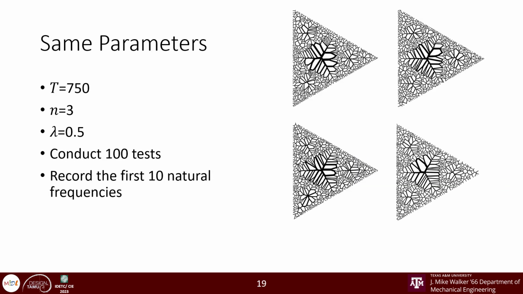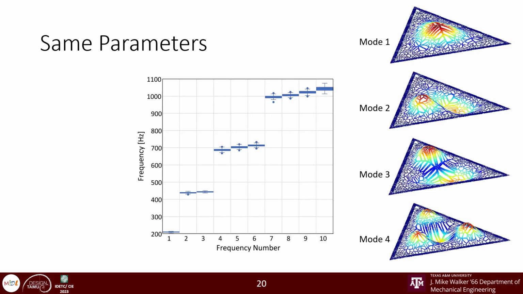Our first test involved generating 100 structures, using the same set of parameters and recording the first 10 natural frequencies. This would allow us to determine if the geometric similarities carry over into similarities of mechanical behavior. We use a Sierpinski triangle for this test.